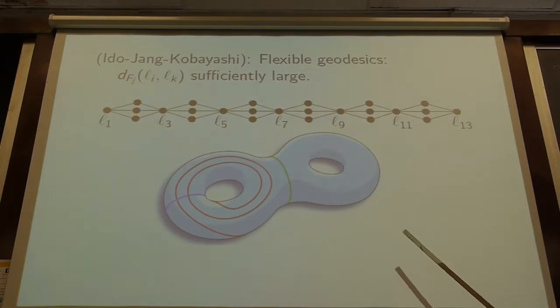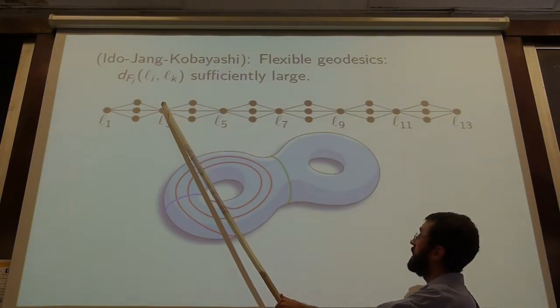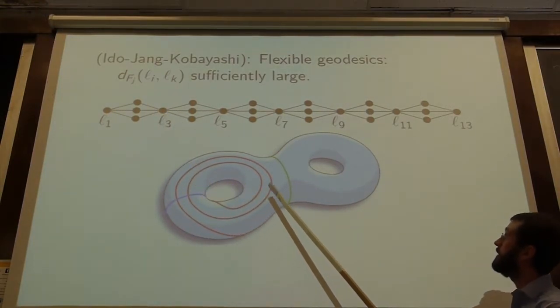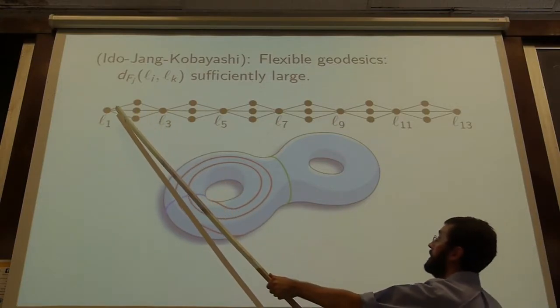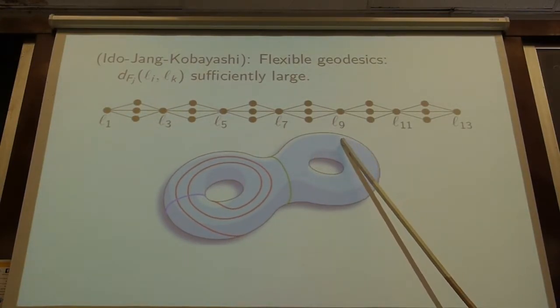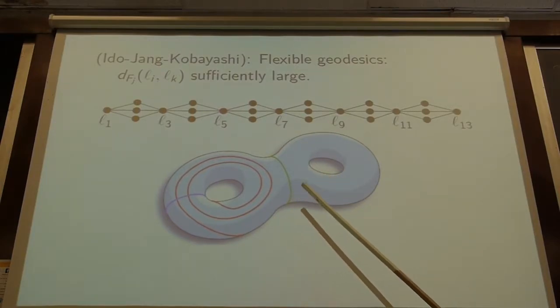The red is L3. You can see that these are distance 2, and there's lots of paths from L1 to L3, because we can take any essential simple closed curve in this part of the surface, and it'll be disjoint from both. So it's a flexible geodesic.